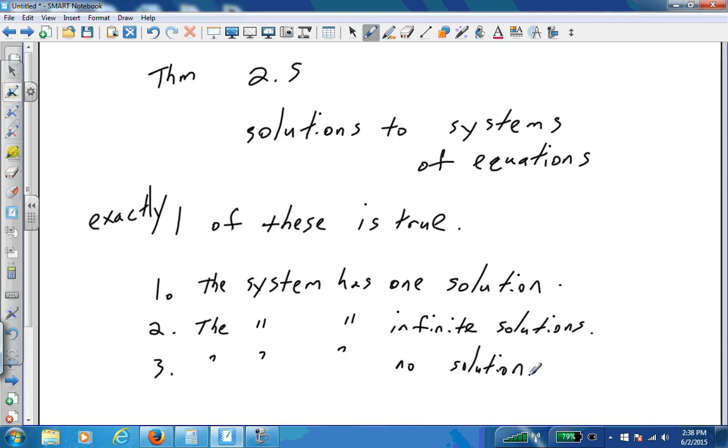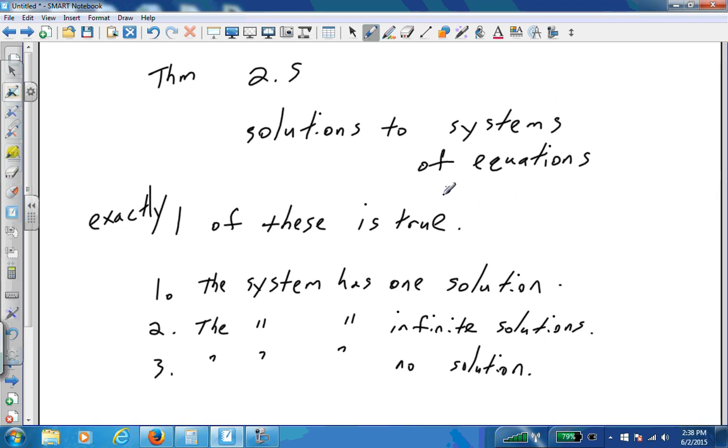So no great brain teaser there. We're going to get one of three things. We're either going to get one solution, infinite solutions, or no solution for linear systems.